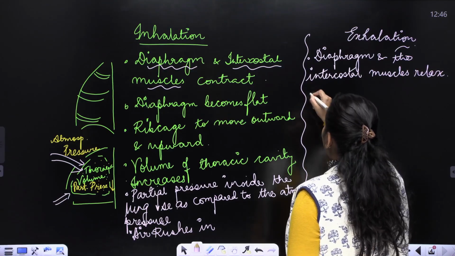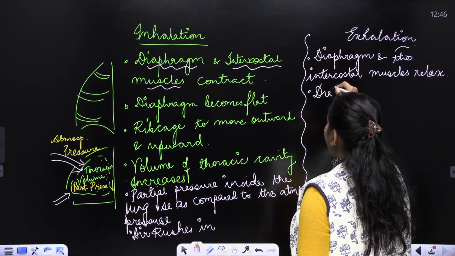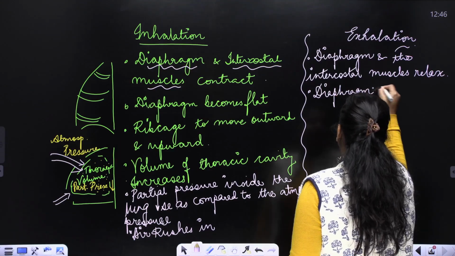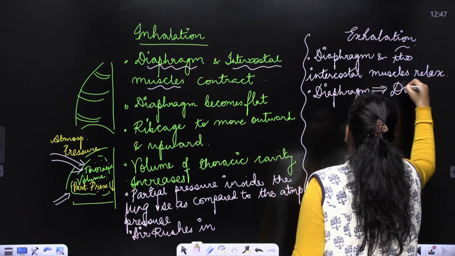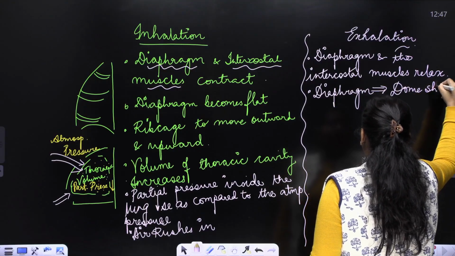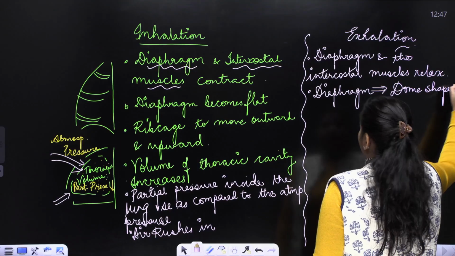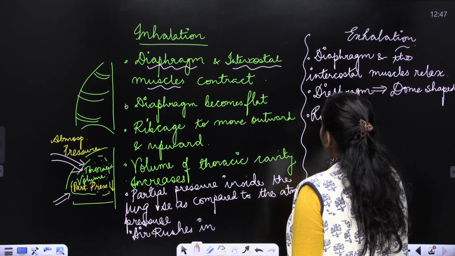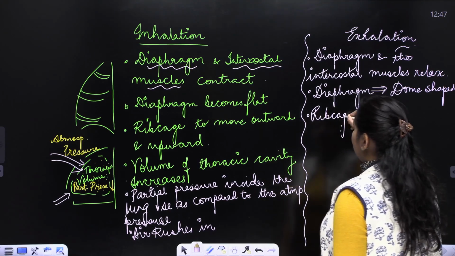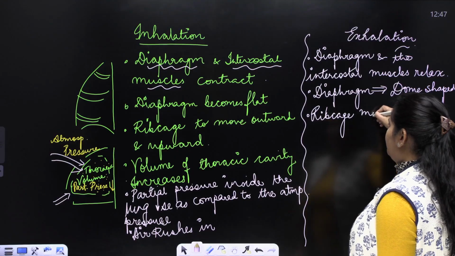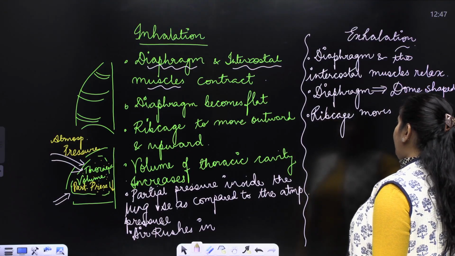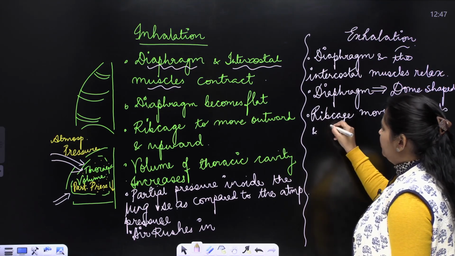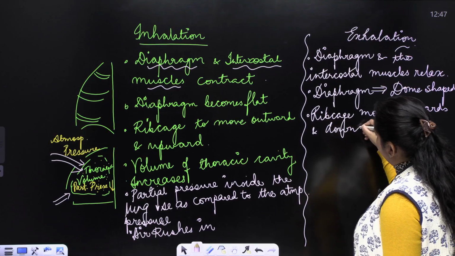All right. As a result, the diaphragm will become dome shaped. Clear? Then what will happen to the rib cage? The rib cage moves inward and downward.